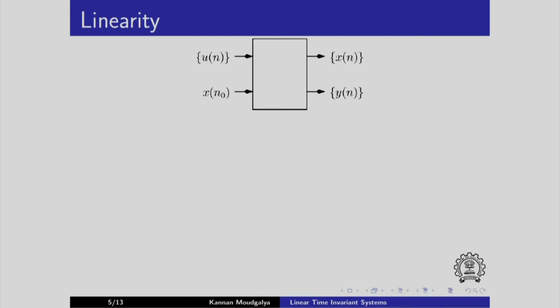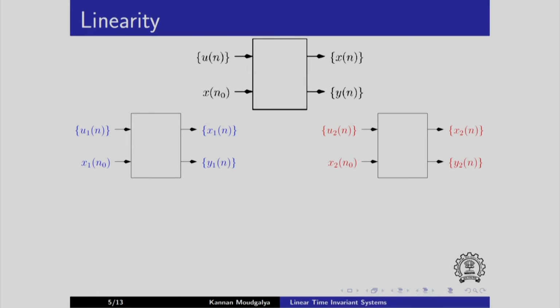For a system like that, we will discuss linearity. We will use the standard definition that we had stated in the first slide. So here are two cases. We apply this input given in blue, you get this output given in blue.